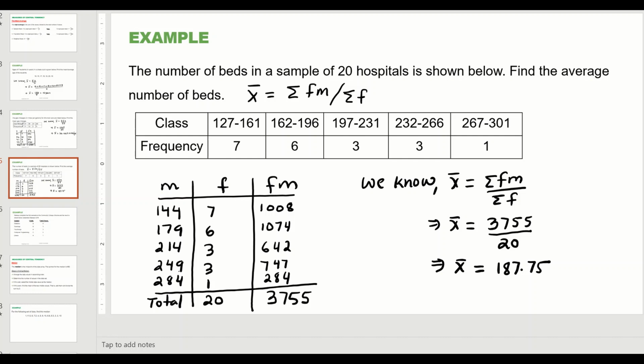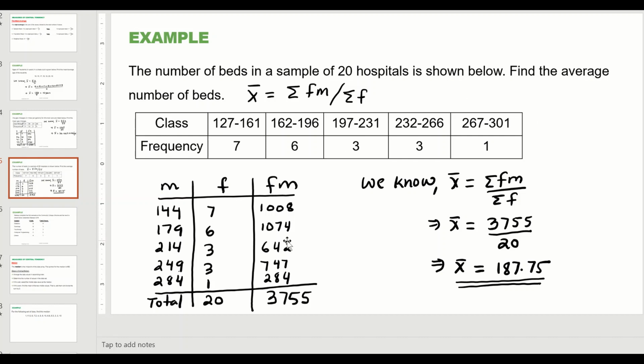That is the average number of beds in those 20 hospitals. So this is the mean. We calculated this mean using the formula, the manual process.